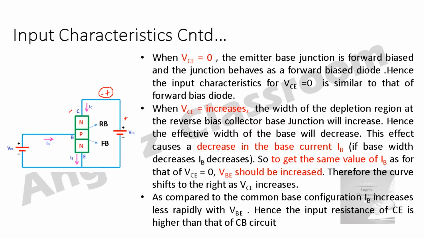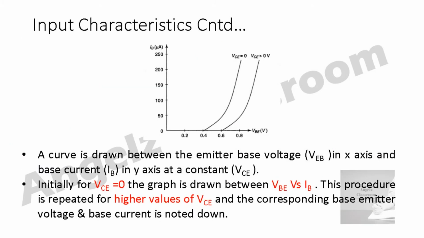But I have to get the same value of IB as for that of VCE equal to 0. For that purpose, I am going to increase the VBE voltage. See this diagram. For VCE equal to 0, at 0.4 volt itself I am getting the value, but when I am increasing the voltage, I will get the value for VCE greater than 0.